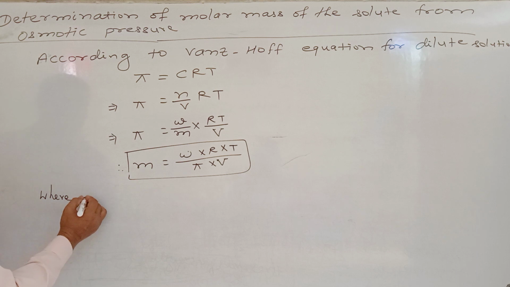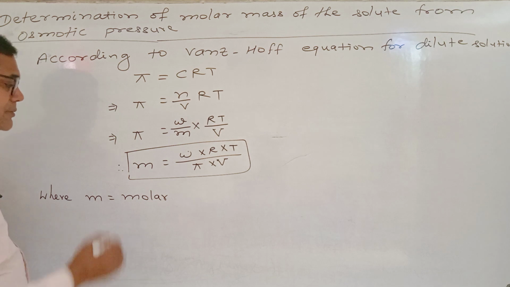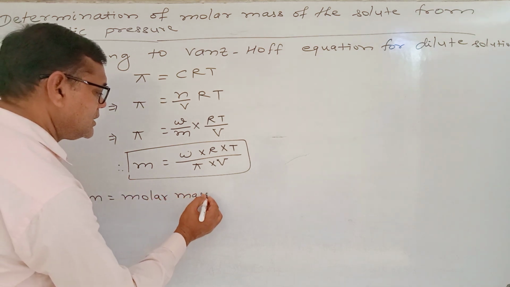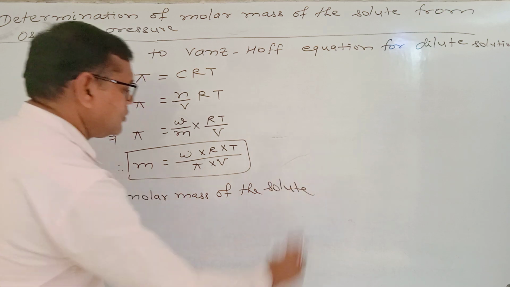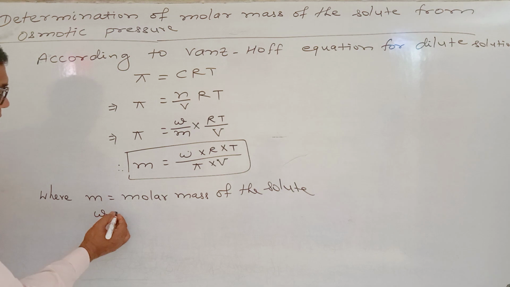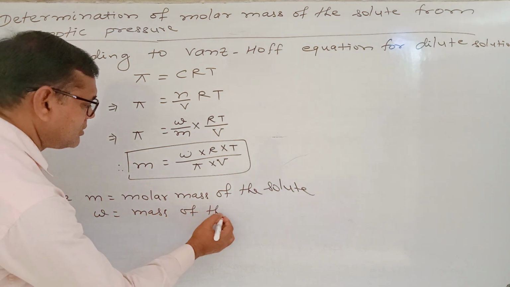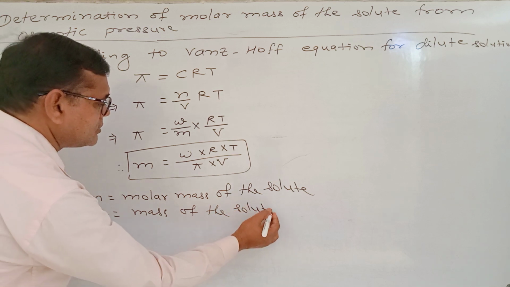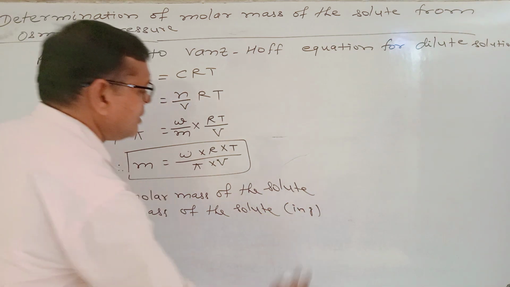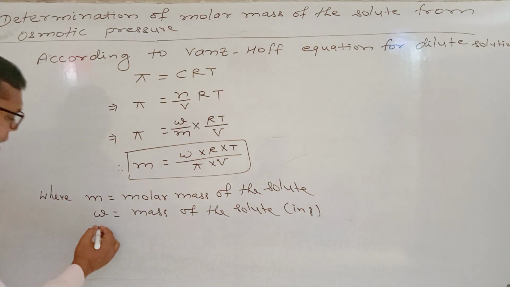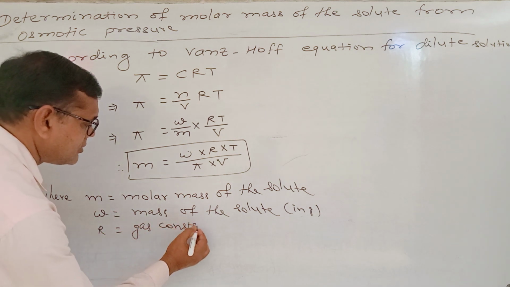Where we write small m is equal to molar mass of the solute. Small w is equal to mass or weight of the solute in gram. R is equal to gas constant.